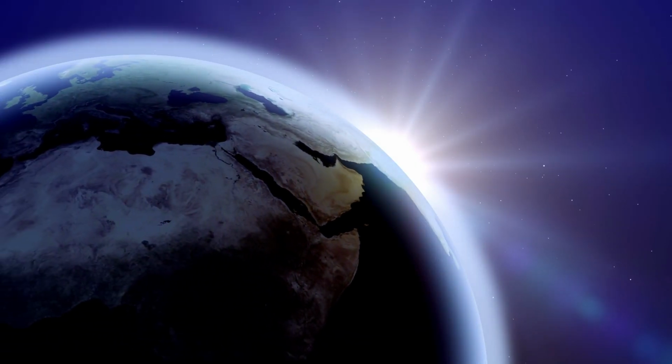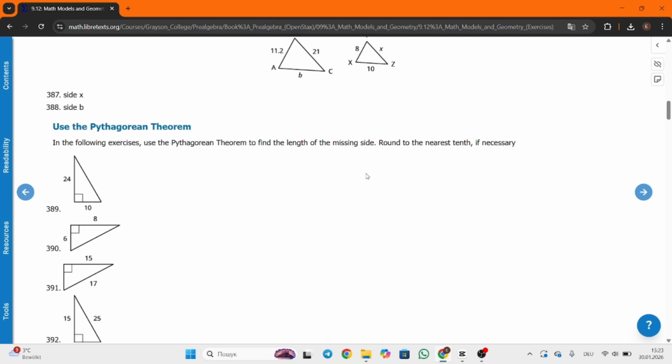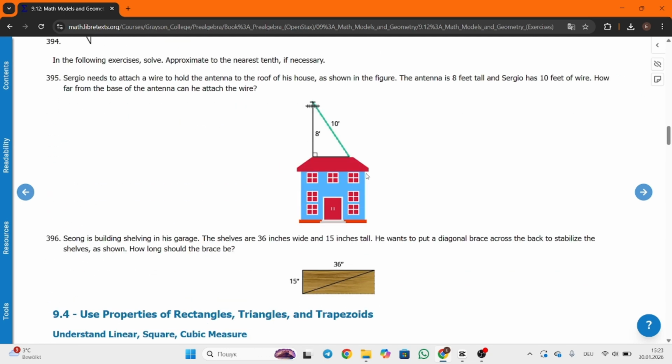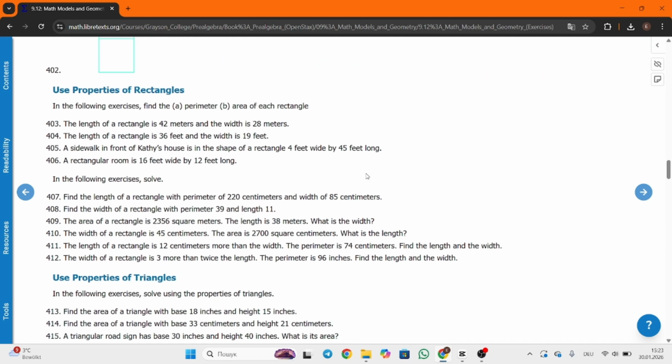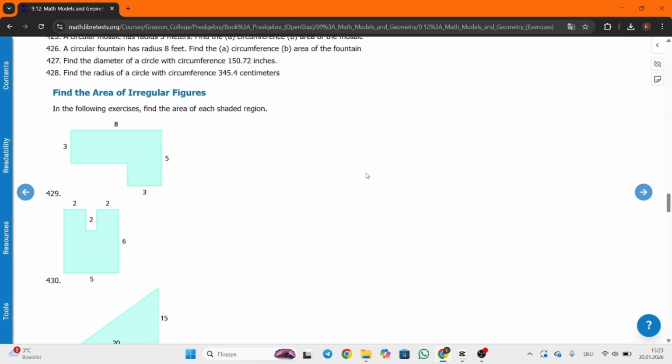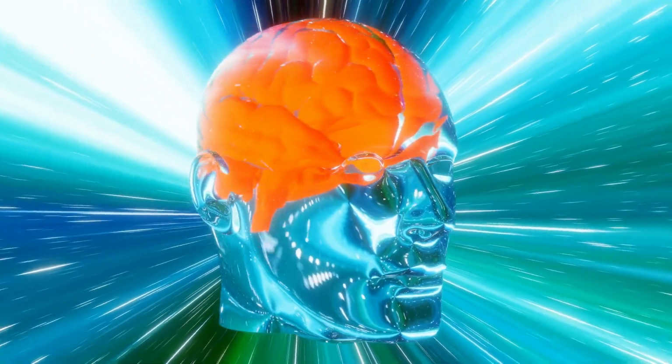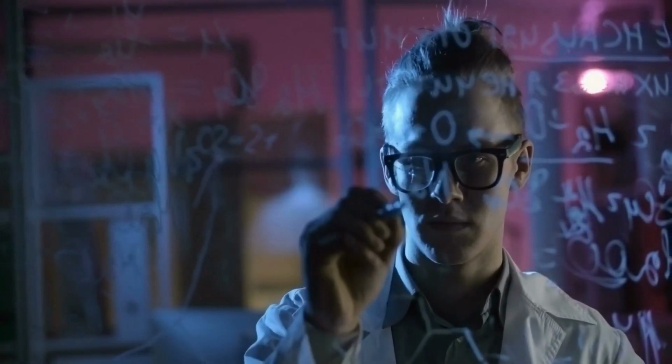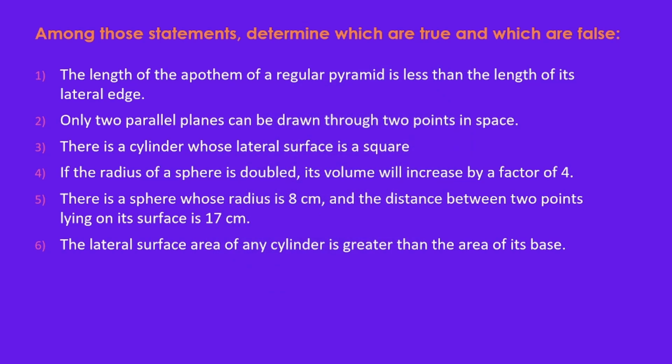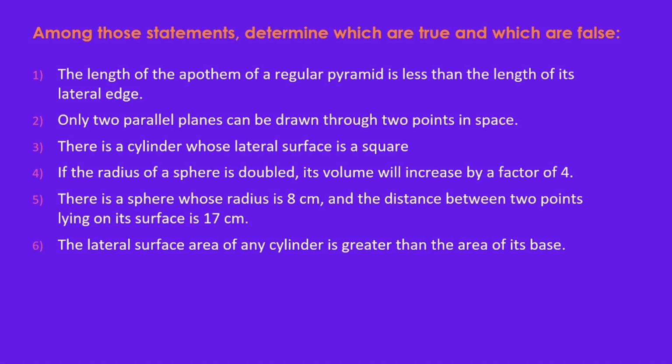Let this be your motivation so that the exercises to test your knowledge not only help you make sure that you understand the material, but also develop logical thinking, attention to detail, and accuracy in solving problems. So, let's go. Among those statements, determine which are true and which are false.